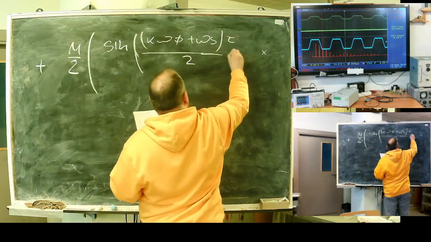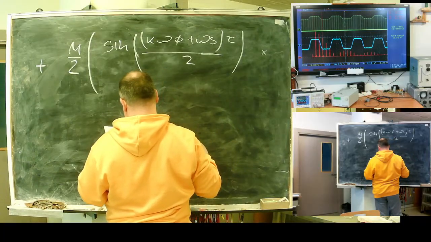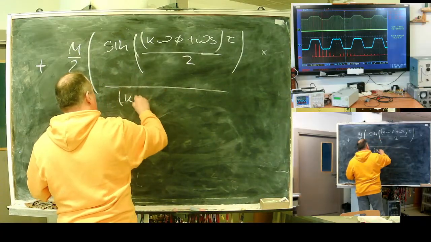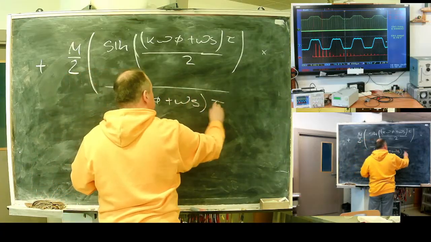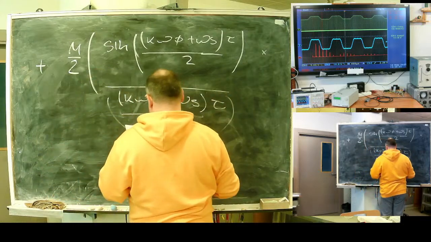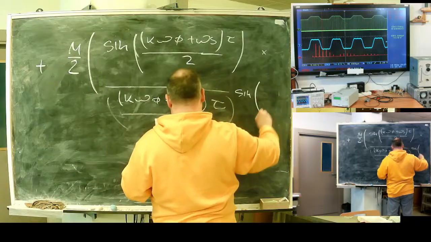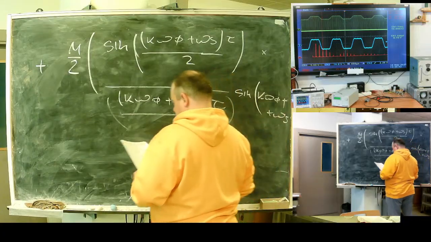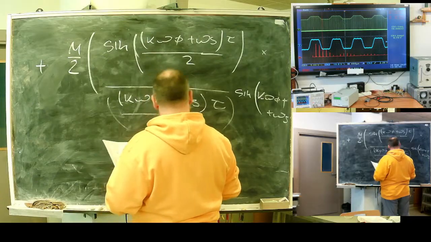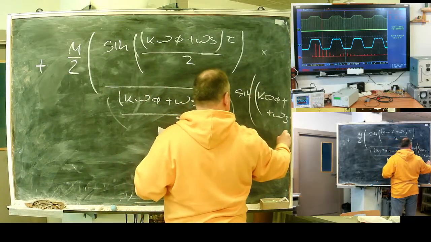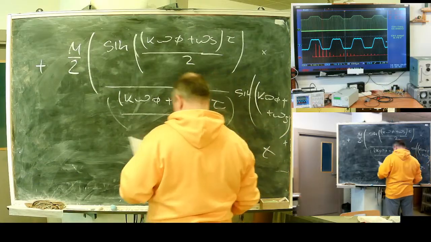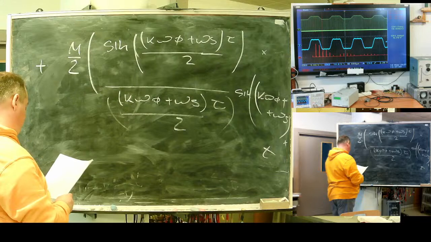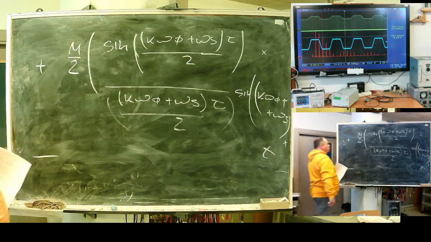Here should be tau divided by k omega 0 plus omega s tau by half, multiplied by sine of k omega 0 plus omega s multiplied by time, minus, to be continued.